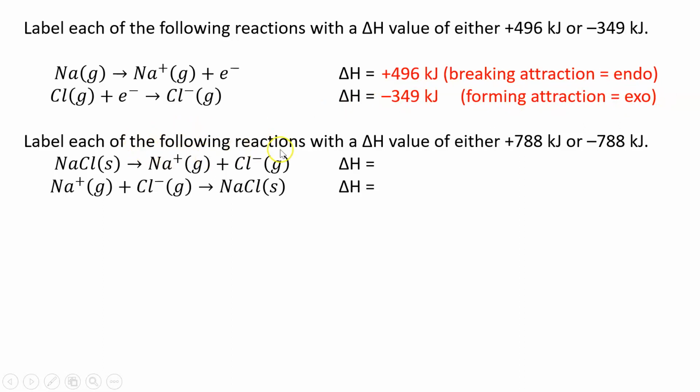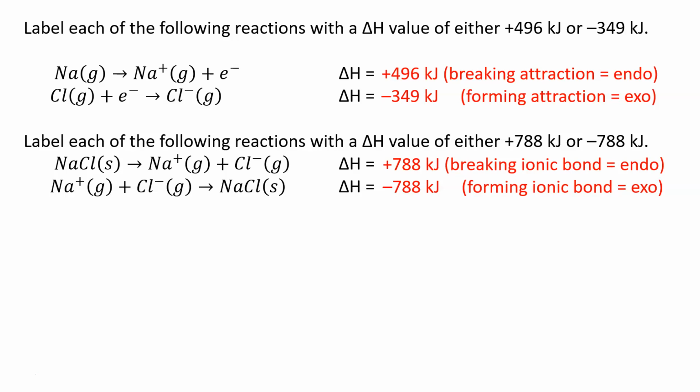Now let's see if we could label the next two. We've got a positive number and a negative number. Which one is positive and which one is negative? Remember, over here we are breaking a bond, making ions, and over here we have ions, we're making a bond. Which one is endothermic, which one is exothermic?